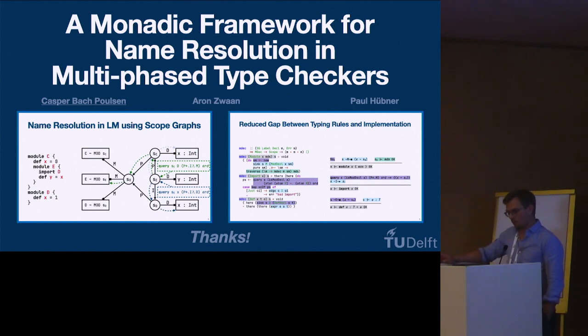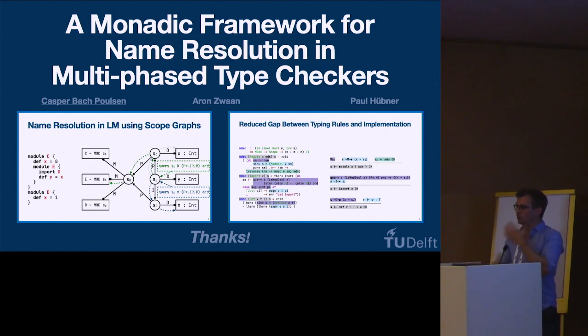Yeah, so our goal here is really to try and bridge the gap. It's a twofold goal. We want to try and bridge the gap between specification and implementation. Right? We have typing rules that define our language, and then we want to bring an implementation as close as we can to the typing rules, while also being as flexible as we can. And we provide added flexibility over previous work on Statix.